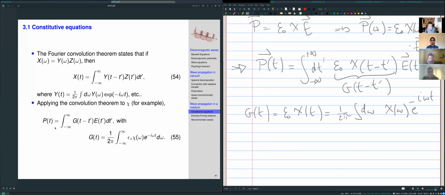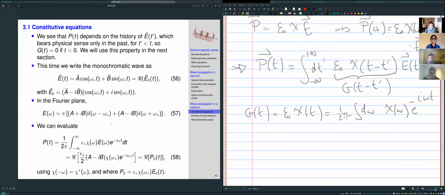So basically, we are applying the convolution theorem to the case of the susceptibility, for example. And we notice that we can write P in terms of the convolution of some kernel G with the electric field over all times. So now that's kind of intriguing, isn't it?